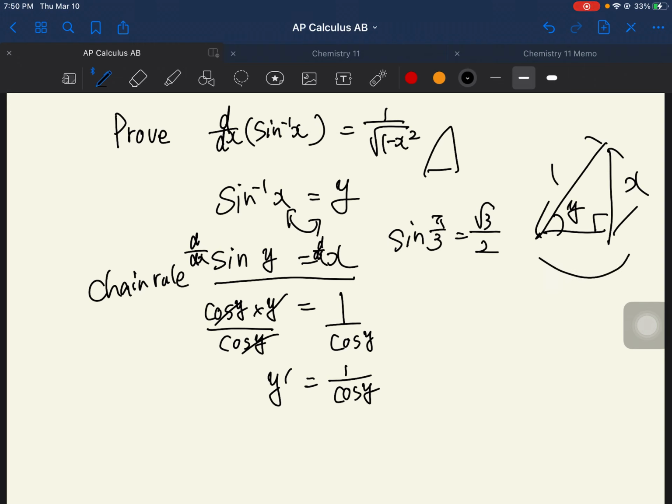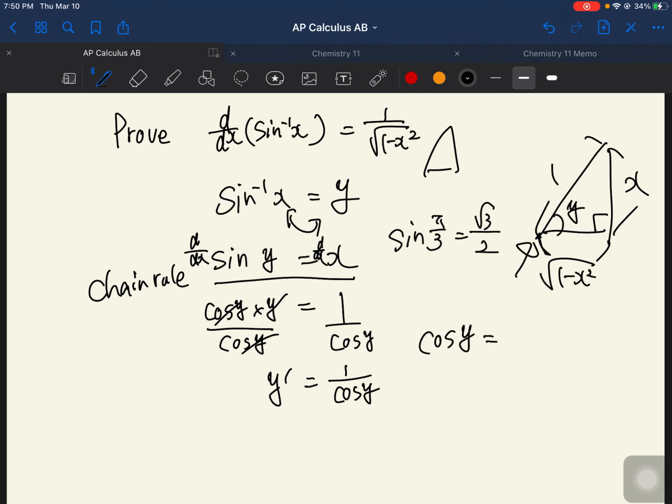So let's focus on this triangle again. Using the Pythagorean theorem, you can find the length here, which is the square root of 1 minus x squared. And we can easily find cosine y using this triangle.